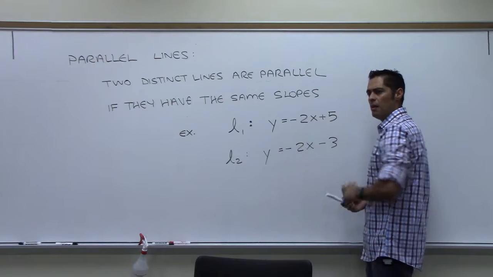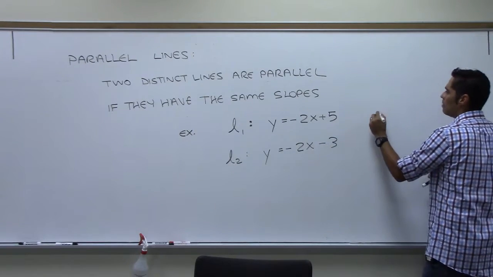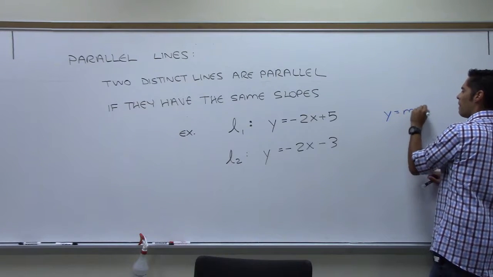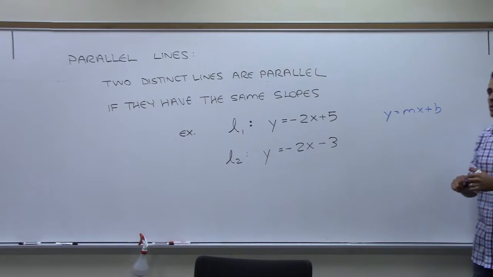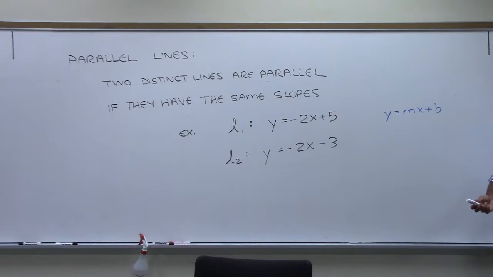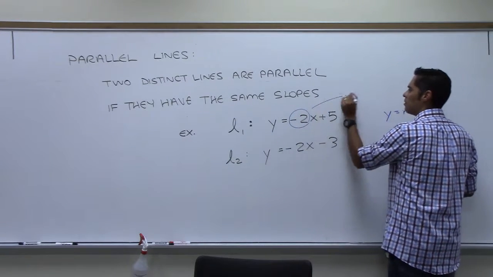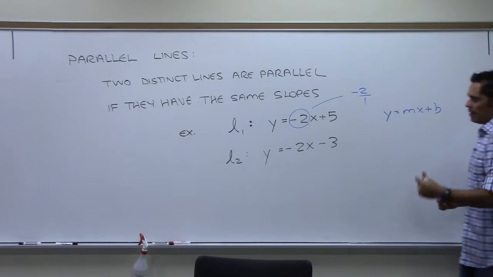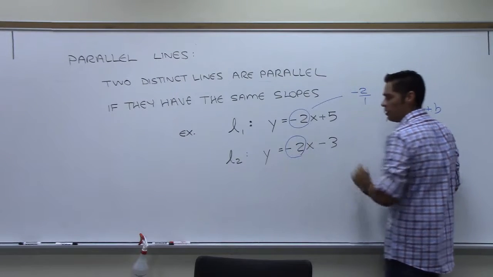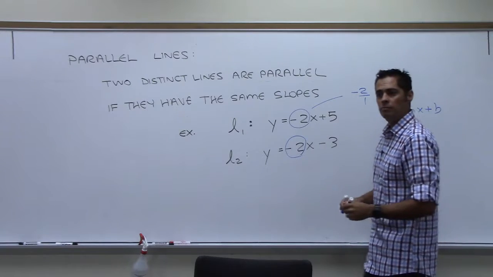Since it is solved for y, both of these equations are in this form, which we talked about last class. And so just by looking, you can identify what their slopes are. So what is the slope of L1, of line 1? Negative 2, right? And if we wanted to, we could write that as negative 2 over 1, but it's the same thing, rise over run. And then the next line has a slope of negative 2 also. And since they're the same, these lines should be parallel.